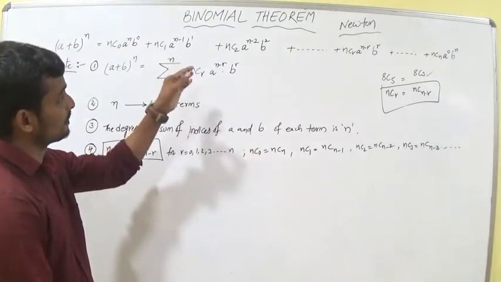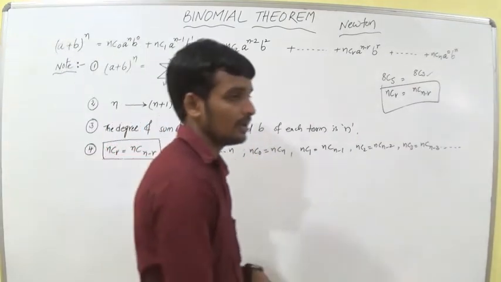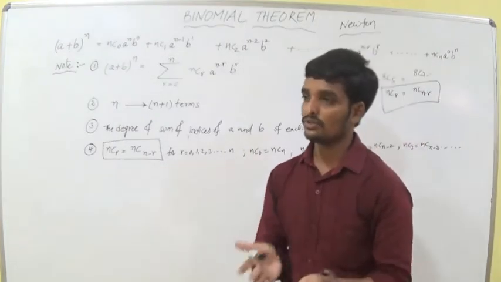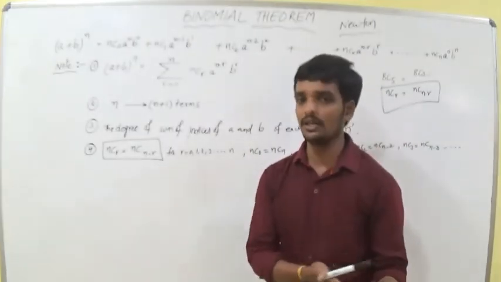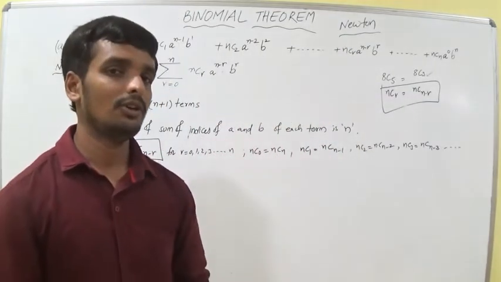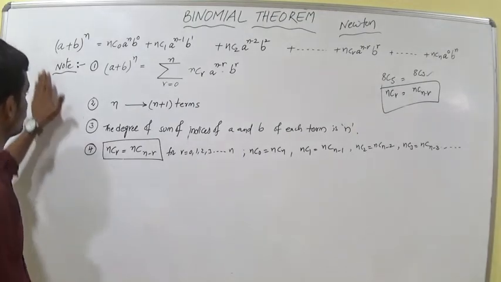The coefficient of the first term and the last term are equal, the first to second is equal to last to second, and from the beginning third is equal to the last third. Did you understand? These 4 points we have observed from the binomial theorem.